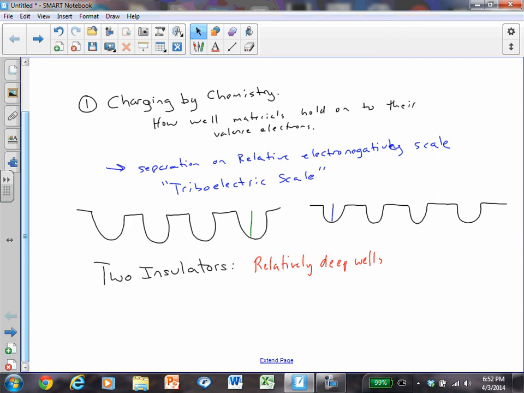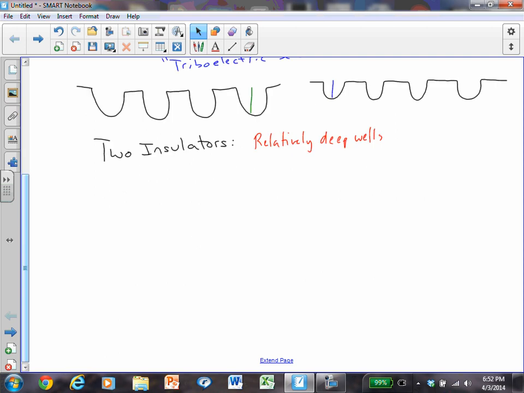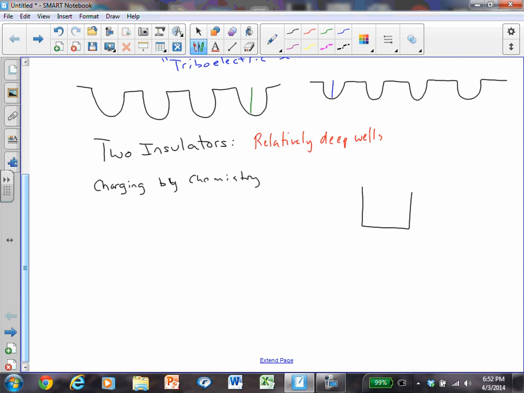Okay, so how does this look? Let's look at this schematic that we're going to be using for charging by chemistry. We'll use it for the other charging methods as well. But with charging by chemistry, by convention, we have to come up with what neutral means, because if we took a square like this, we know that it's filled with a bunch of positives, billions upon trillions of them, and a bunch of negatives.